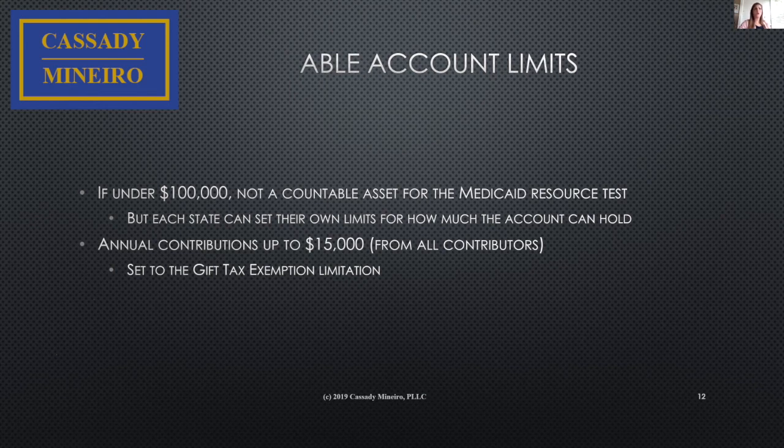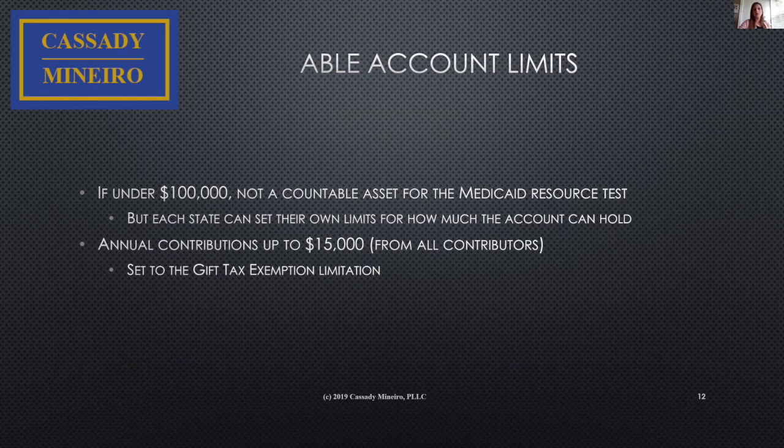Initially in Washington State, I believe it was 85,000, but they recently changed that. In other states, it is unlimited. And in many states, it is set that you can only put $100,000 in it. Others are like $1 million. It just depends on which state you're looking at.